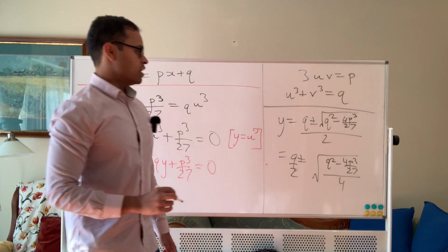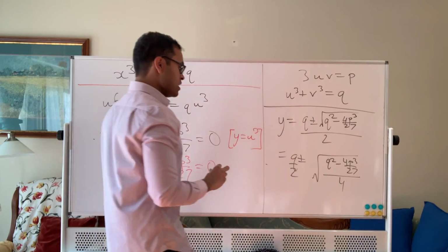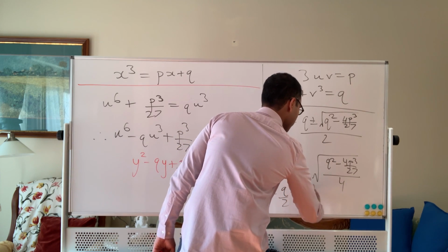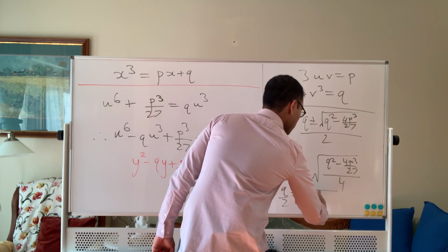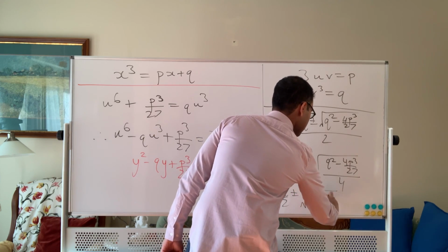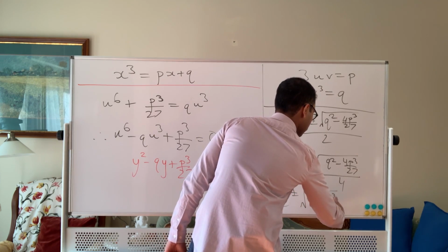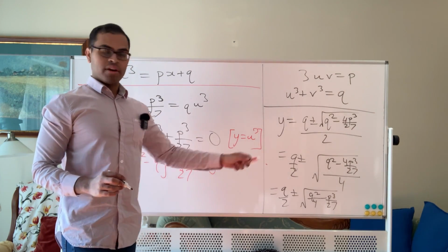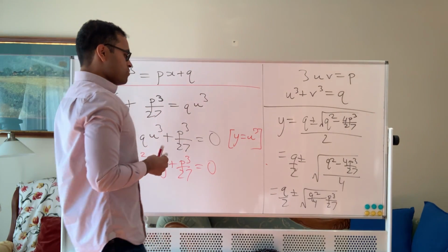I've just taken the square root of 4 inside, and now that's going to equal q over 2 plus or minus the root of q squared over 4 minus p cubed over 27. Okay, so that's going to be our expression for y, and now we can figure out what u is.